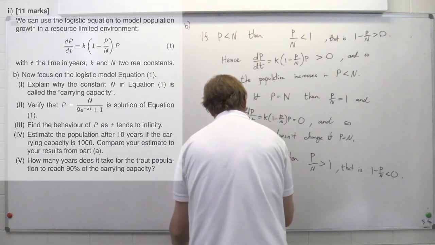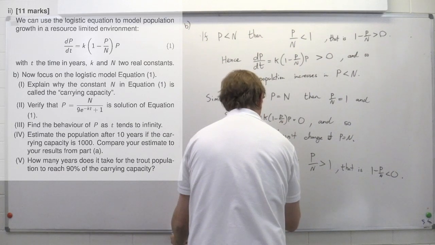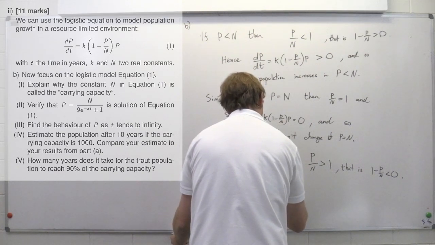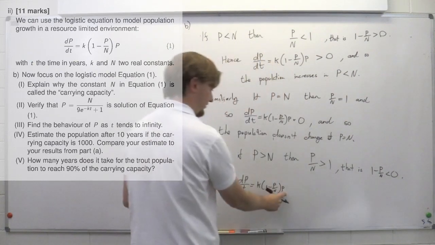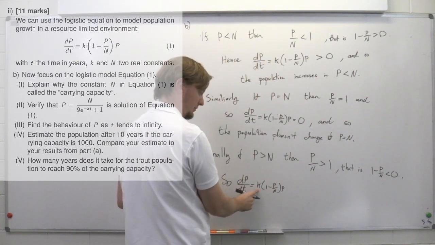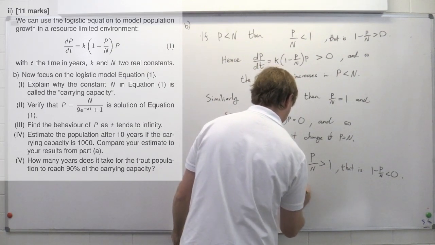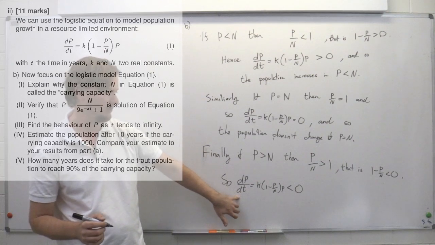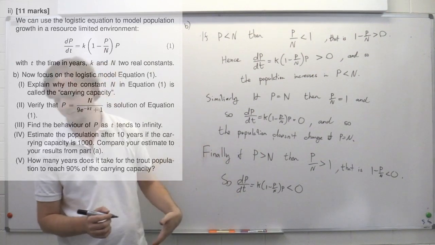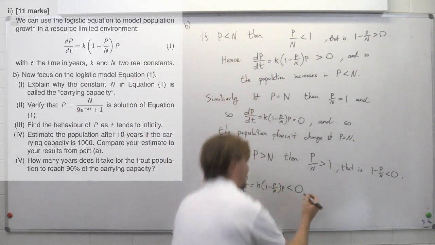So here the rate of change is going to be this constant and this constant times this negative number. So k is actually positive. So we're going to get the rate of change of population is decreasing with time. That means the population is dropping. We've exceeded how much population we can really hold.